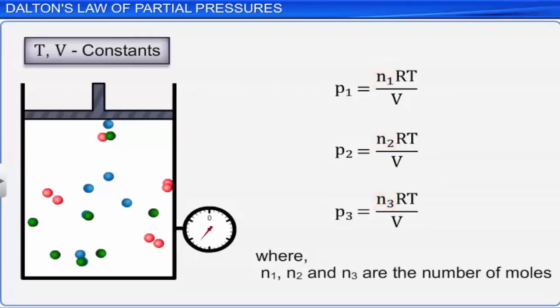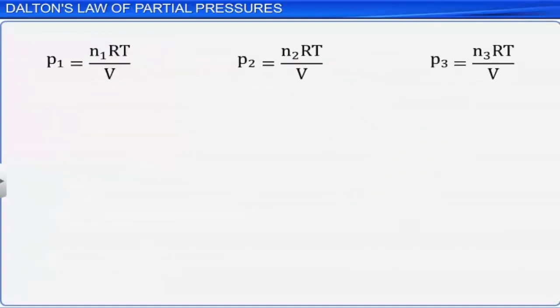According to Dalton's law of partial pressures, the total pressure exerted by the mixture of gases, P total, is equal to P1 plus P2 plus P3.